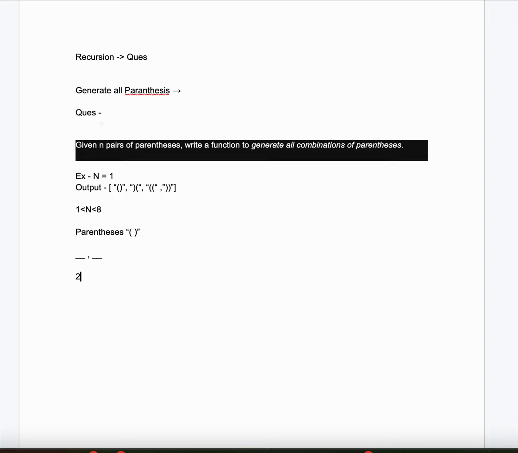Because we have to generate all the combinations of parentheses, we don't have to limit while generating, because this would be the max subset, or you can say a power set of that permutation combination. So if we look at the first position, we have two options, the opening bracket or the closing bracket. So we have two permutations for the first spot. Likewise, we have two permutations for the second spot also.